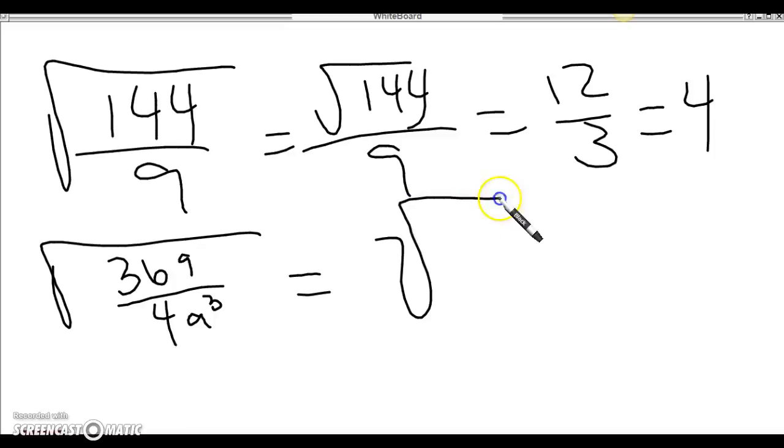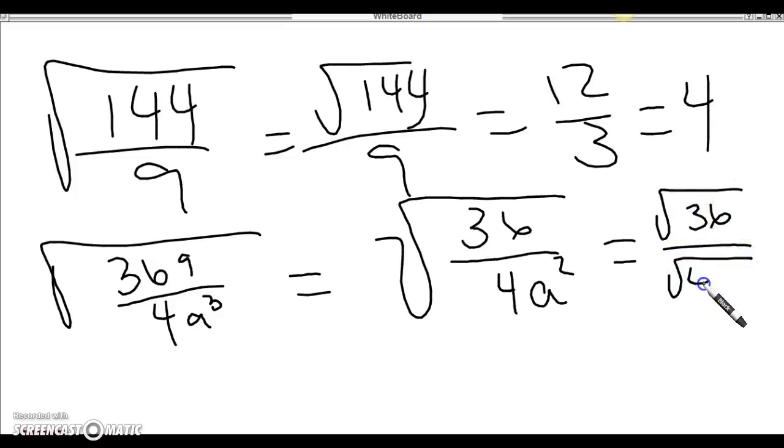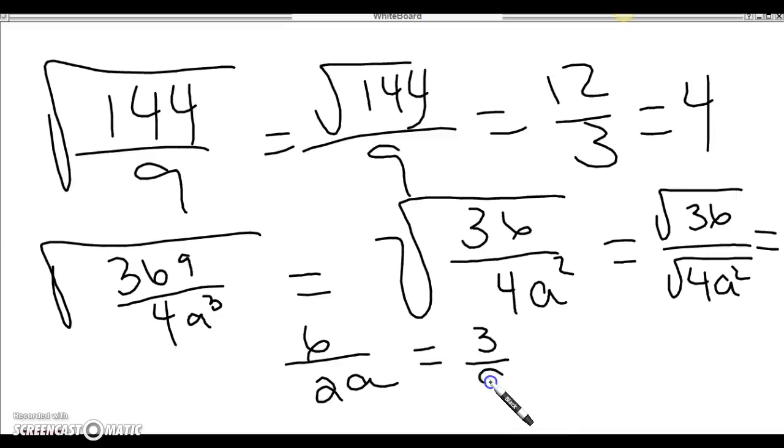So we'll do 36 over 4a squared. We can reduce it that way. And then we get the square root of 36 over the square root of 4a squared, which is 6 over 2a, which is 3 over a. That's one way of doing that problem.